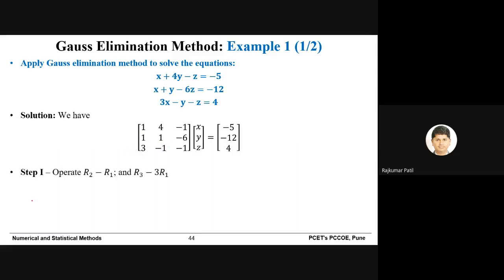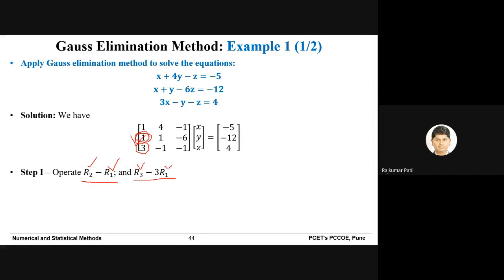First of all, we will try to make these two terms, that is 2 and 3, equal to 0. So how will you do that? Perform R2 minus R1 to make A21 equal to 0, and perform R3 minus 3R1, where R2 means second row, R1 means first row, R3 means third row.